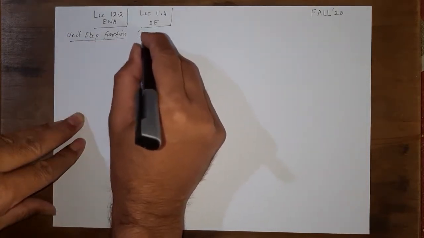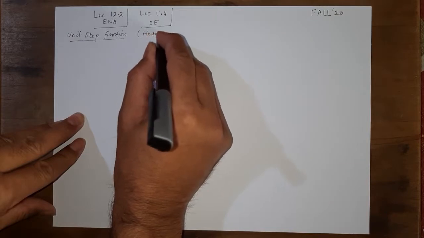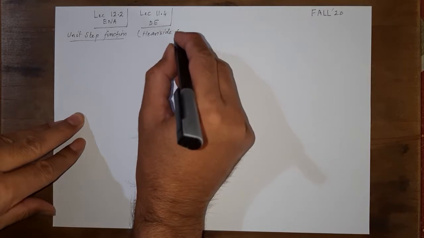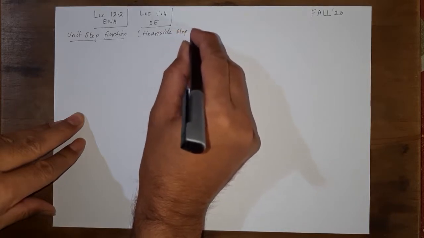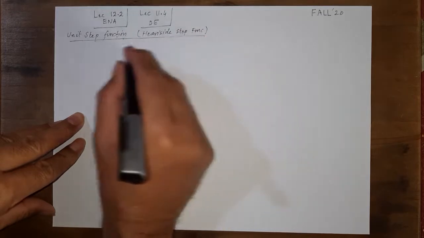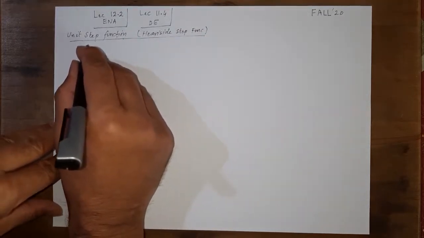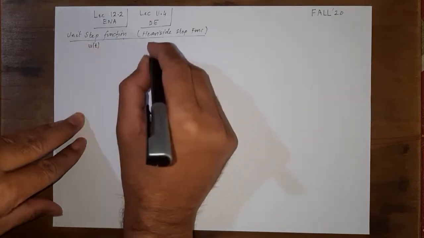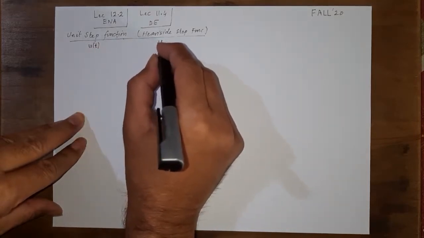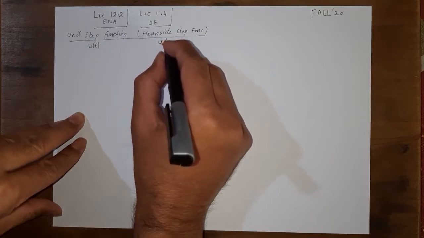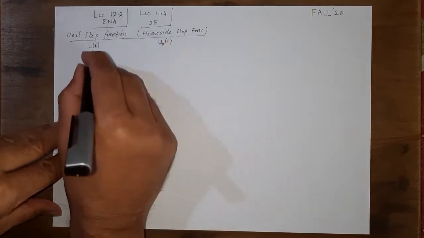It is also called the Heaviside step function. A unit step function is represented by u, and the Heaviside step function is defined as u0 t.